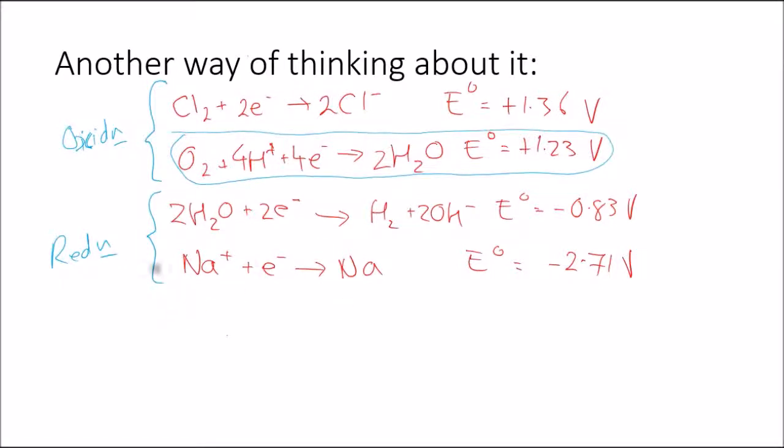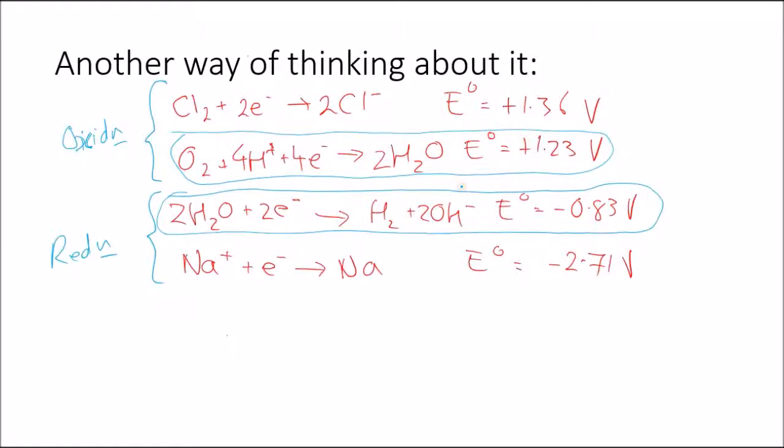When we're looking at the reduction reactions, we're looking for the strongest oxidizing agent, the one that's higher in the electrochemical series. So the two that will be favoured, that will happen first, are the two in the middle.